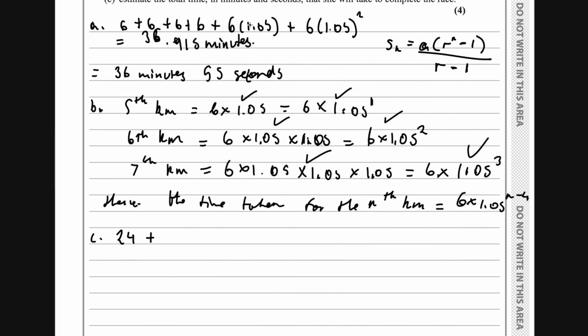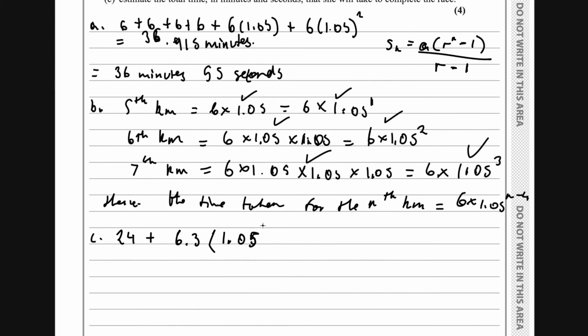So we know that 6 times 1.05, which is in essence the first term of the sequence, equals 6.3, and we're going to be multiplying it by r, which we had illustrated to be 1.05, our percentage multiplier that shows that each subsequent kilometre after the 4th is taking 5% longer to complete.